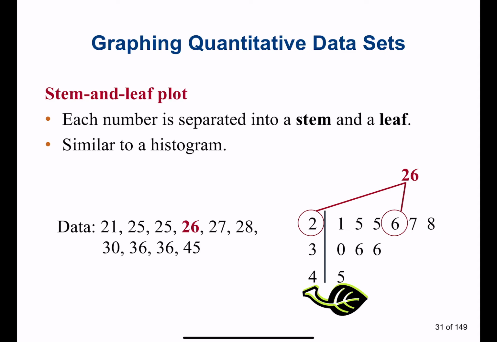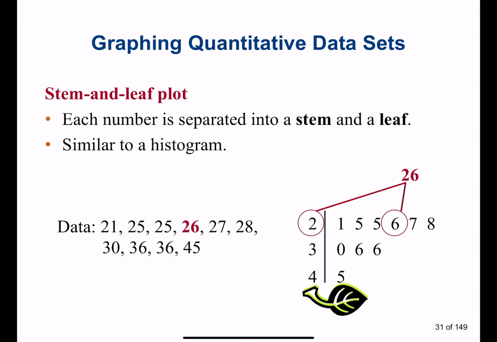For the stem of 30, we have 0, 6, 6. Here it is, 0, 6, 6. And 45, we have 4 as a stem and 5 as the leaf.